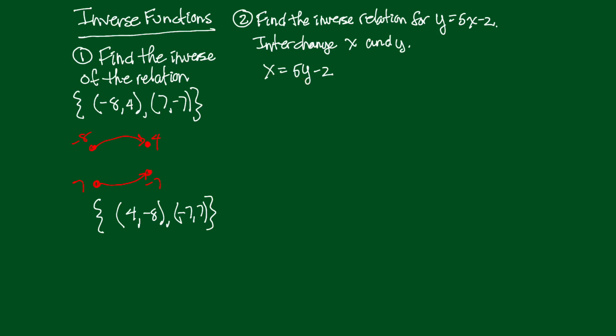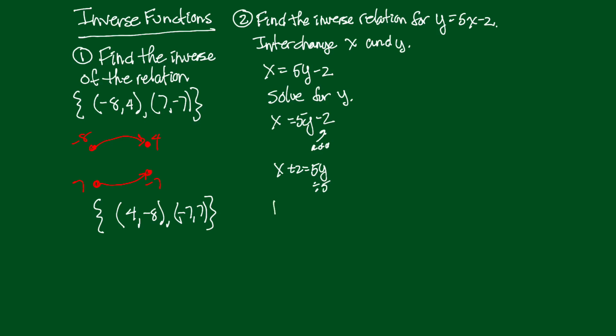Now what I'm going to do is solve for y. So to solve for y, I'm going to write it here again. X equals 5y minus 2. I'm going to add 2, right? So let's add 2 to each side. I'll get x plus 2 equals 5y. And now let's divide by 5. So I'm going to divide each term by 5.